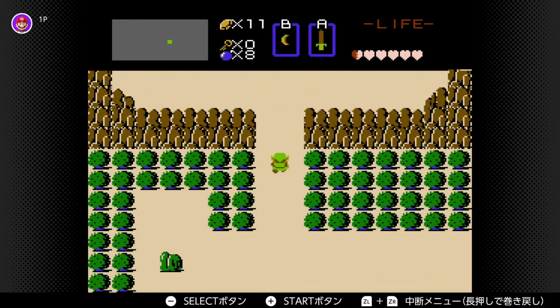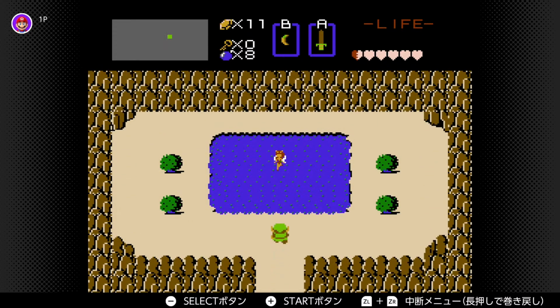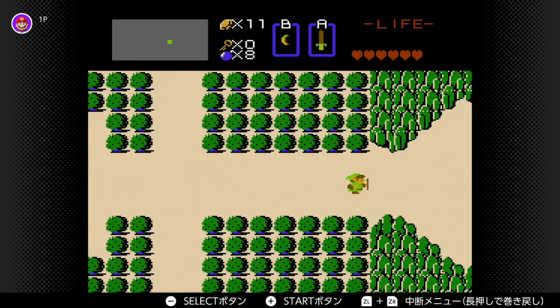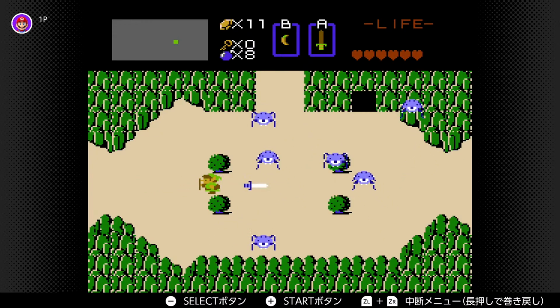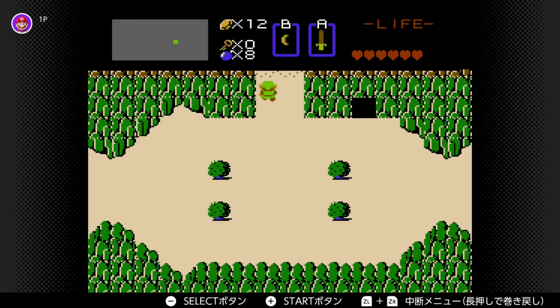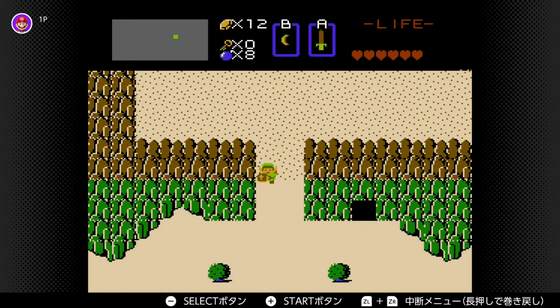Unfortunately, nobody's dropping. Okay, we found a fairy fountain, luckily. So we can heal. So let's see. We are here with the Tektites. Here's the desert.